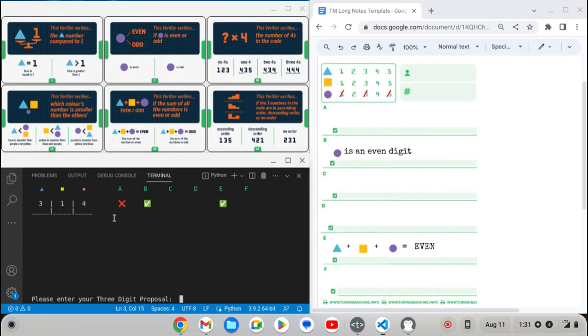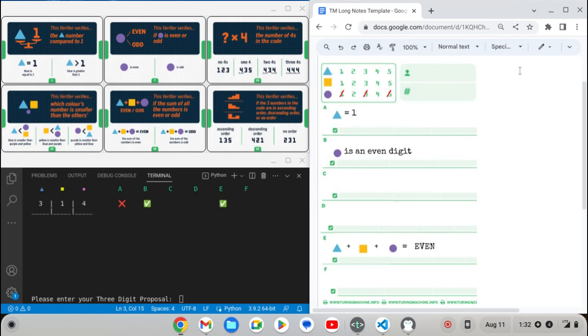Okay, so yes, correct. It is incorrect that triangle is greater than 1. 3 is greater than 1. That's not true based on the Turing machine. So in fact, what it's telling me is that triangle should be equal to 1. So let's go type that up.